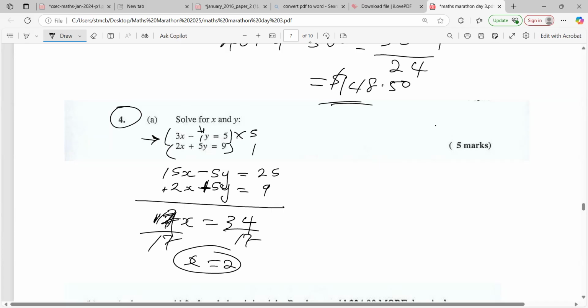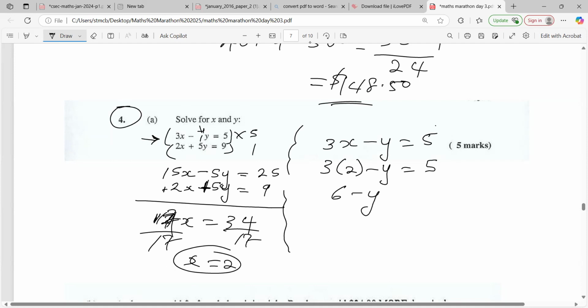So now that I found the value of x to be 2, what I'm going to do is substitute. I'm going to use equation 1, I think that looks very easy. So I know that 3 times 2 is going to give me 6, and 6 minus y equals 5. You could do it in one step, right? But let's just show the working.